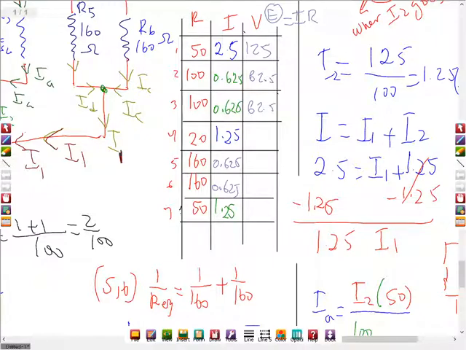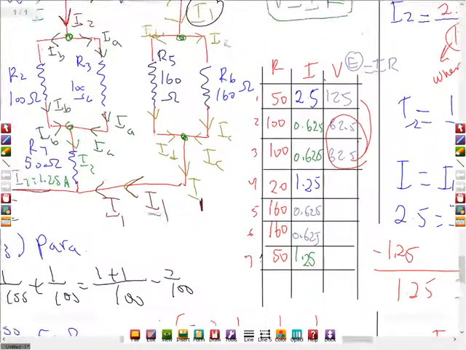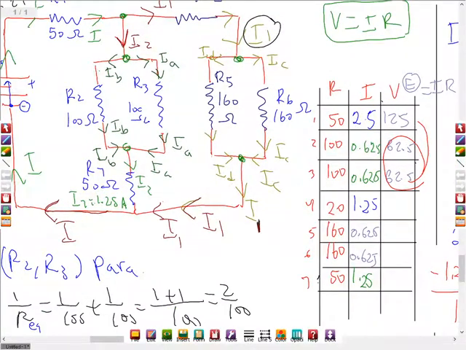62.5. Watch something. If you add these two, it is 125. Add this to 50. Why? Because the voltage across this point and this point is 250, right? And we have how much here for the 2 and 3? 125, right?